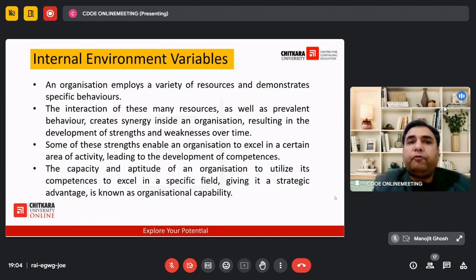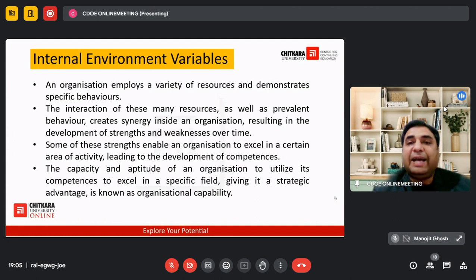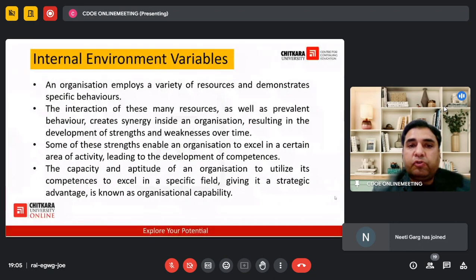So when we talk of internal environment variables, these are the variables which have, you can say, an inherited influence on any organization's internal resources. These can be the behavior, or the strengths or weaknesses which may gradually come with time. Initially there can be strengths, but in the span of time they can get converted into weaknesses.